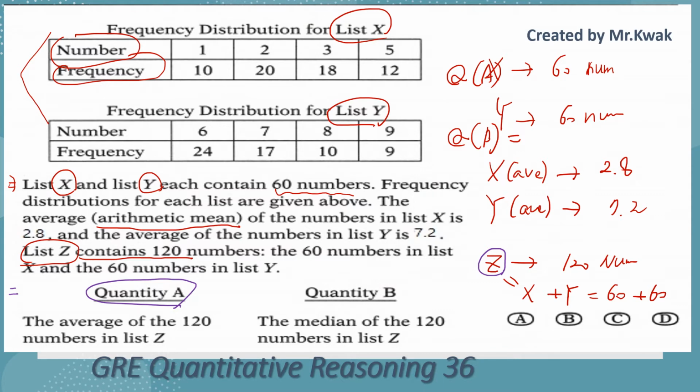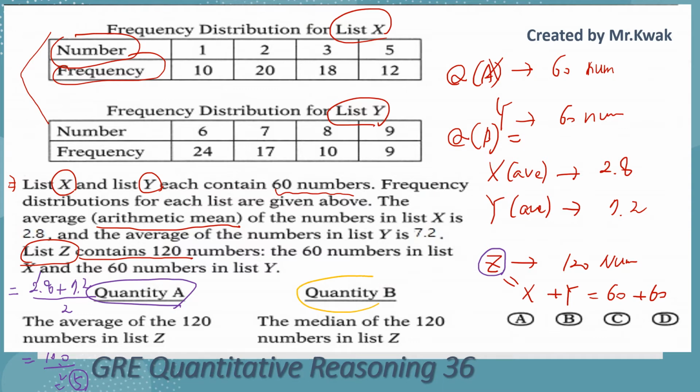So we can directly calculate this way, because the average of X was 2.8 and the average of Y was 7.2. So first of all, we can add them and then divide by 2. In that case, we can figure out the average of the 120. So quantity A is 5. Let's move on to quantity B.